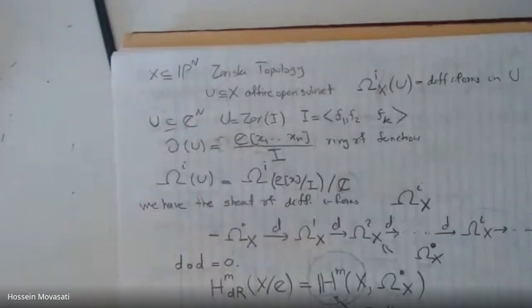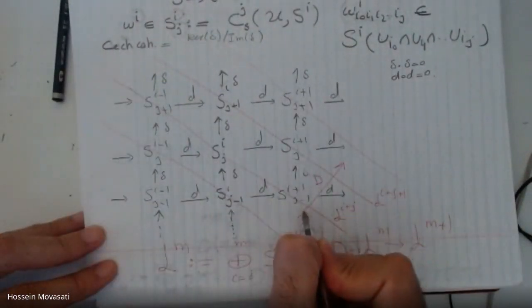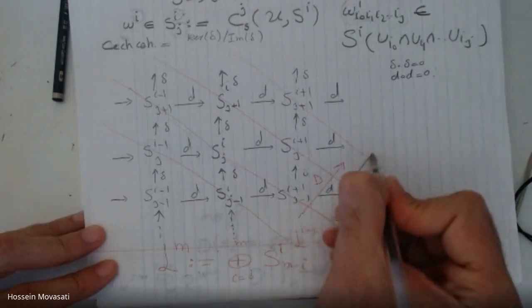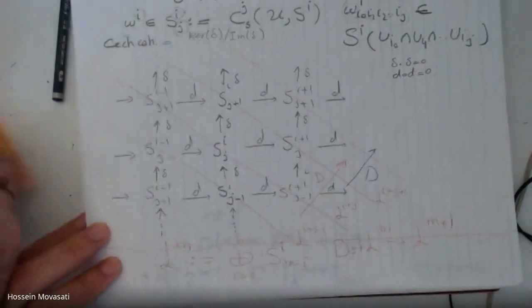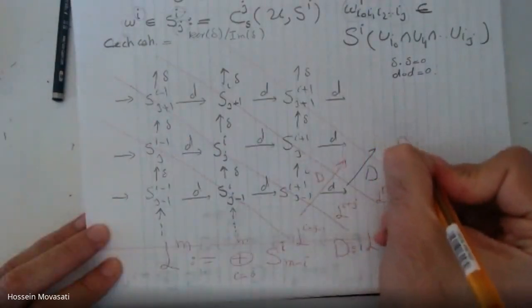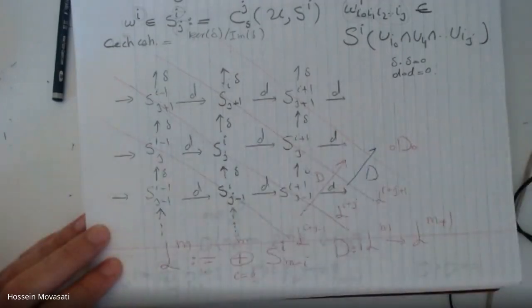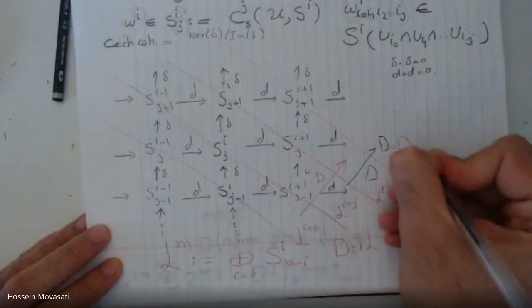Okay, let's go back to this one. So I am here. I want to define a map from here to here, and then from here to here. At the end, I want this D composed with this D to be equal to 0.